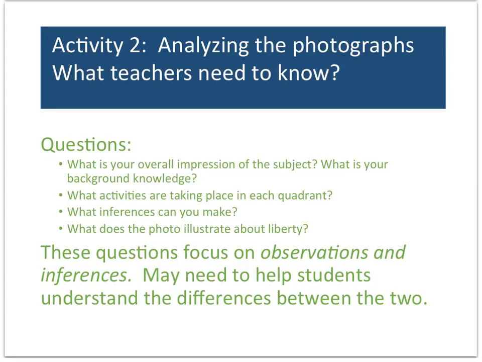So you may need to help students understand the difference between the two, and helping them to understand that may mean that you would need to model the task and have some group practice in that particular task of separating what they see from the sense they're making. If they have gone through Unit 1, they may already know how to do that.